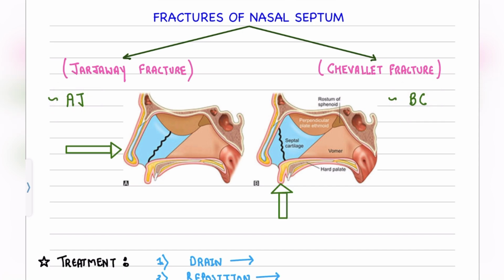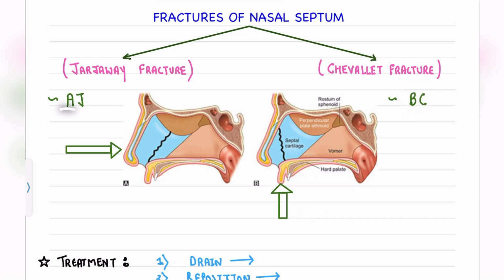If the blow of force is coming anteriorly, it would lead to the formation of Jarjavay fracture. Therefore, anterior blow leads to Jarjavay fracture. If the force is coming from below, it leads to the formation of Chevalier fracture.